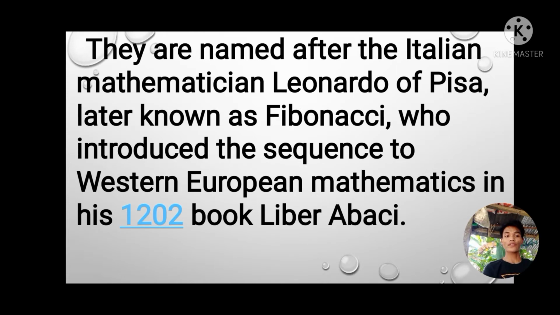And they are named after the Italian mathematician Leonardo of Pisa, later known as Fibonacci, who introduced the sequence to Western European mathematics in his 1202 book Liber Abaci. So the person being portrayed as Fibonacci is Leonardo of Pisa, later known as Fibonacci.